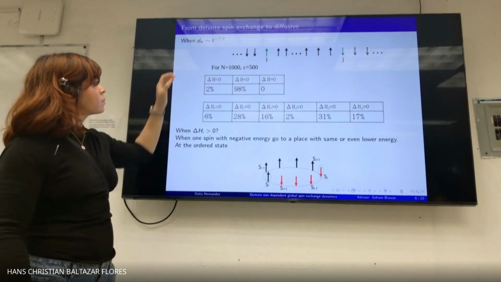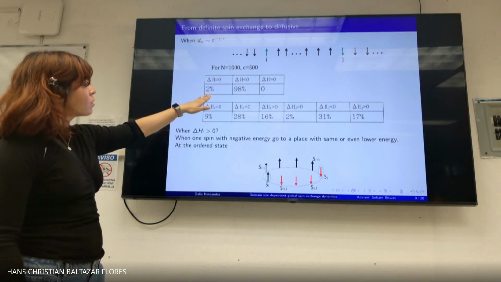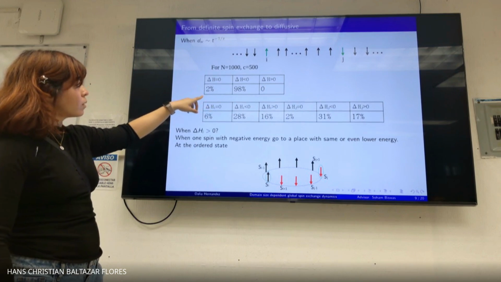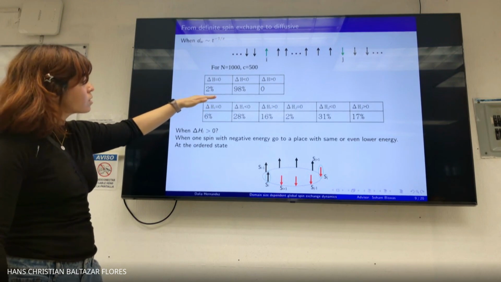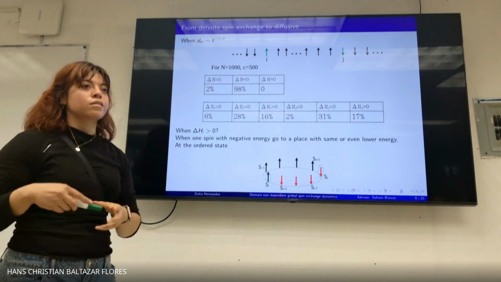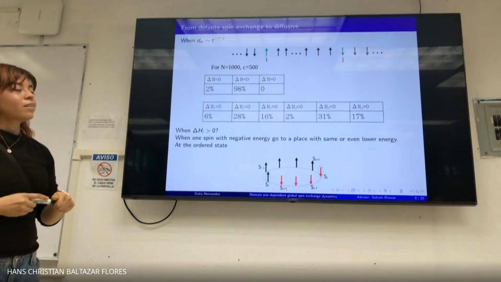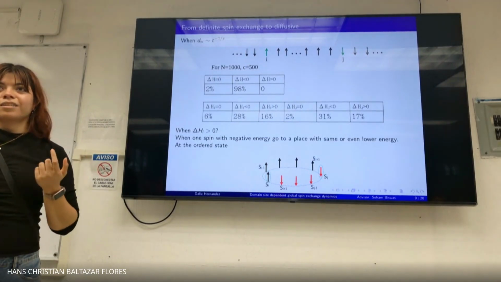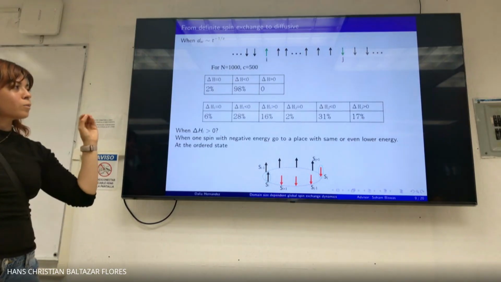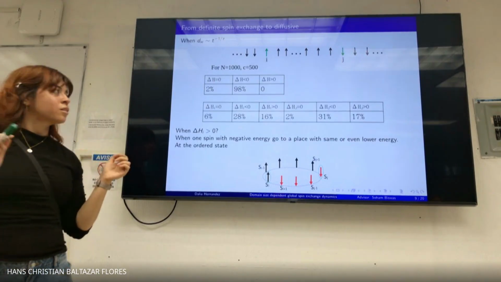So we have 2% of the exchanges made with change of energy equal to 0, and 98% with change of energy smaller than 0. So we almost have a deterministic dynamics. Once you choose two spins that can exchange positions, they exchange.